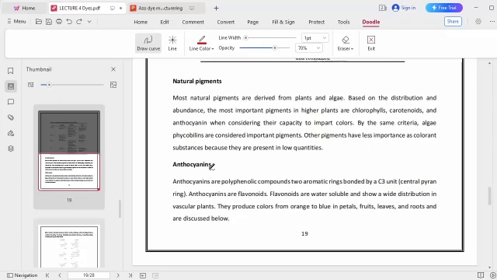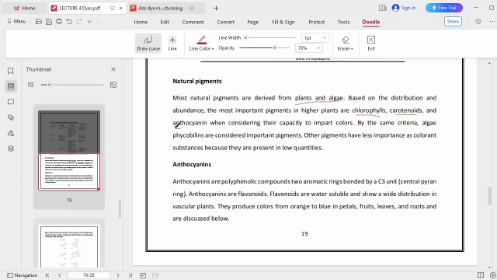Most pigments are natural and they are obtained from plants and algae. An example is chlorophyll, which we see in green leaves or green plants. We also have carotenoids, which are common in carrots. The yellow color in carrots is a typical carotenoid.